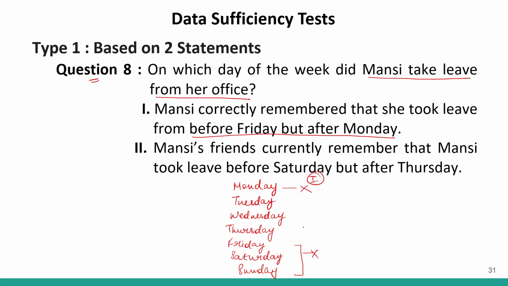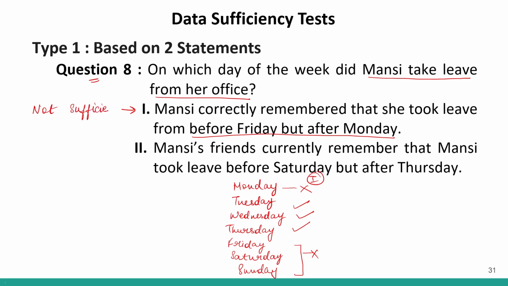So before Friday, she could take a leave on Thursday, Wednesday, Tuesday, because she had taken a leave after Monday. So now we are getting 3 possibilities from the first statement. That is Tuesday, Wednesday or Thursday. So this statement, is it enough to answer on which day Mansi has taken a leave? No. So this is not sufficient.